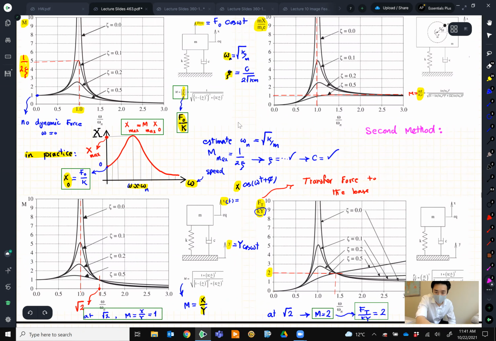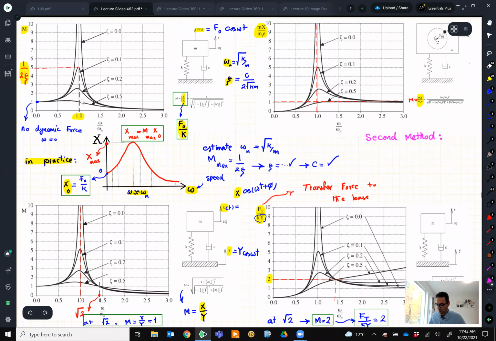Is that actually true? For the bottom one, yes, the peak is slightly after one. Even for the top one, the peak is slightly before one.